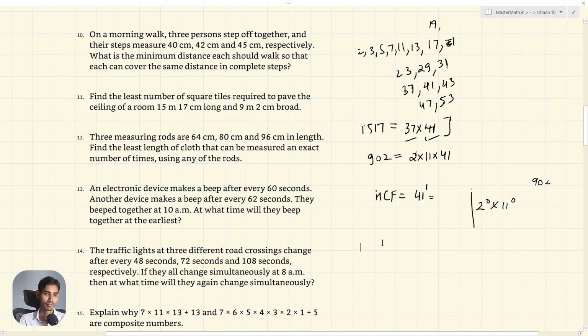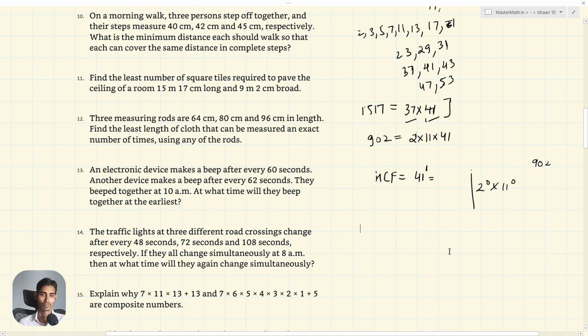12th, what should we find? Sir, HCF. 12th one, HCF.